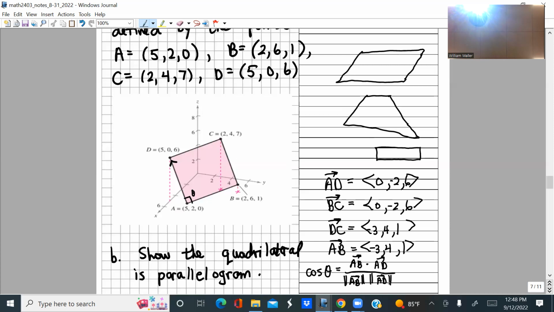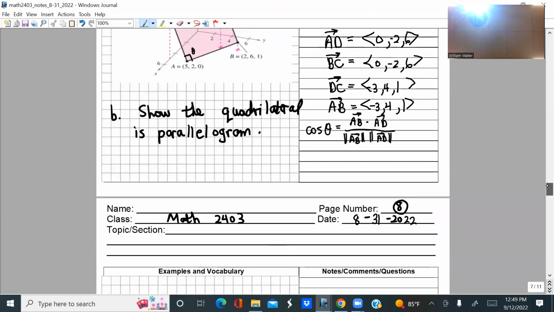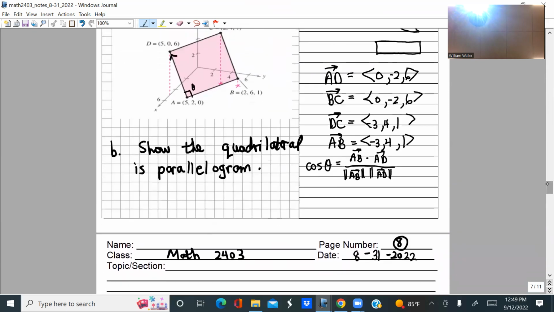But if this is a rectangle, what do we want this to come out to be? Zero, right? And if it comes out to be zero, what's the only way this quotient is going to turn out to be zero?